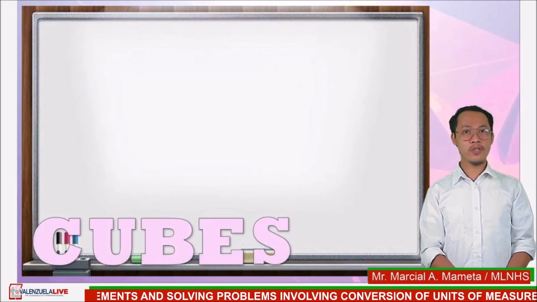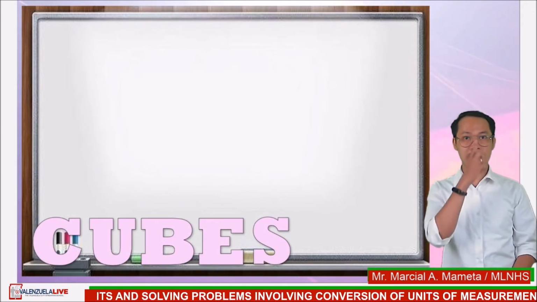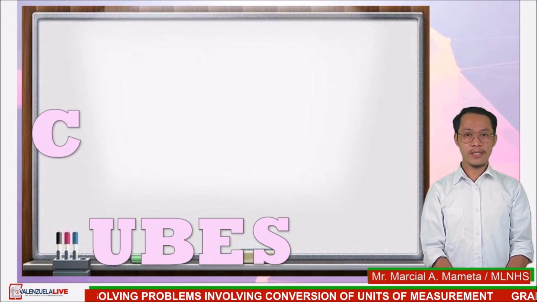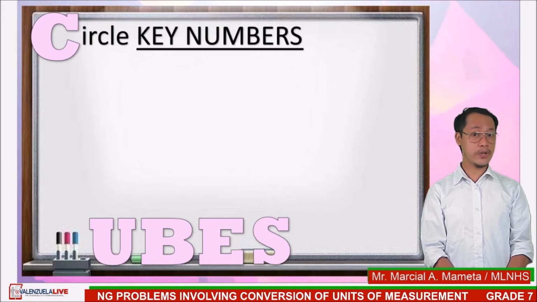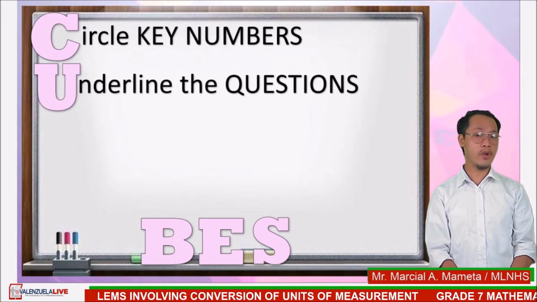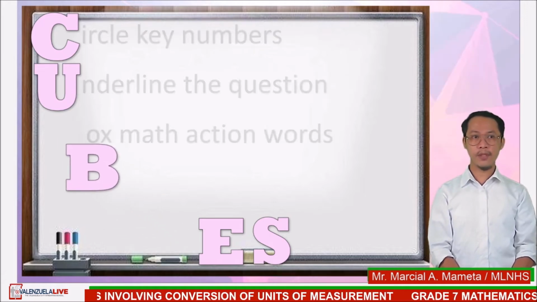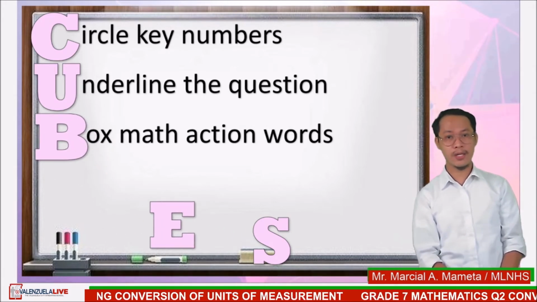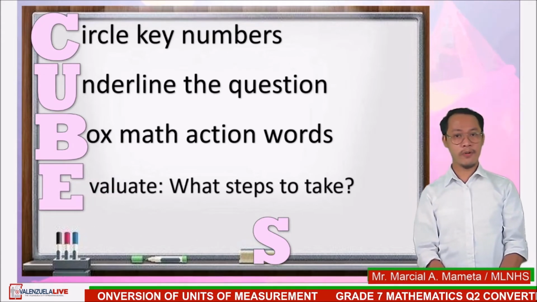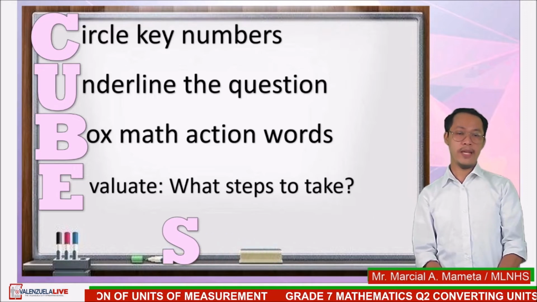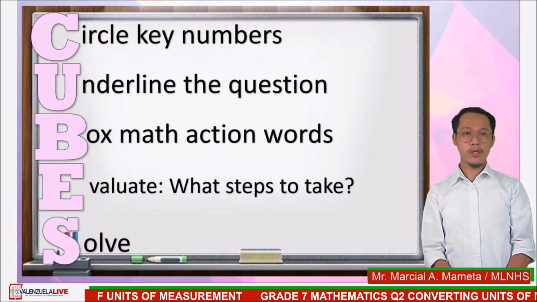Let us use CUBES as a guide in solving word problems. C stands for circle key numbers. U stands for underline the questions. B stands for box mathematics action words. E stands for evaluate what steps to take. And S stands for solve.